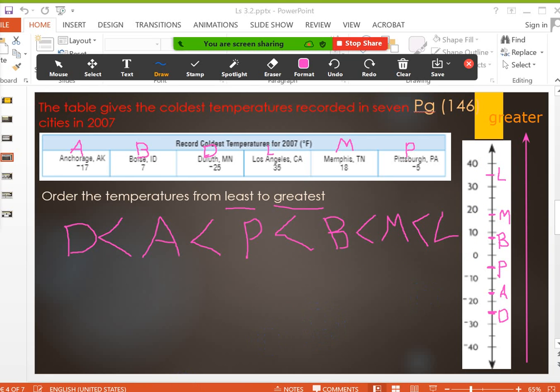So after naming those, I want you to erase all the questions on this page. A lot of questions. No need for those questions. Just locate the points on the number line and order those numbers. Now I will write the numbers. D is negative 25. A is negative 17.